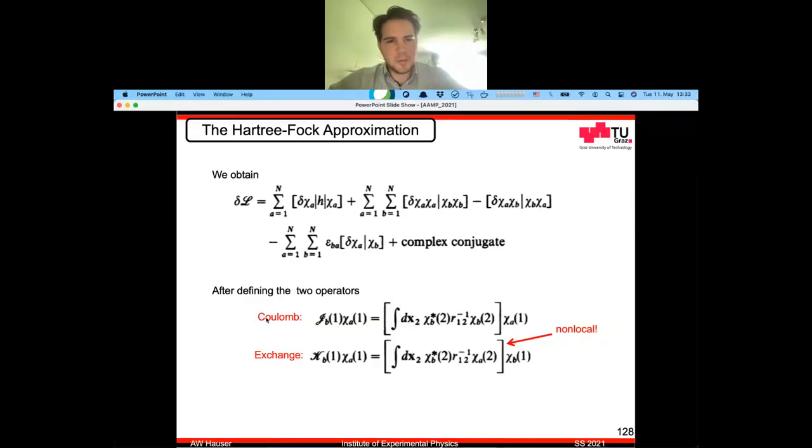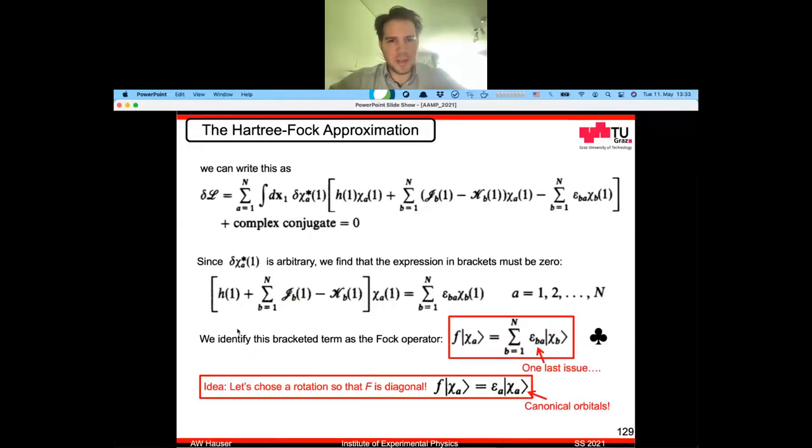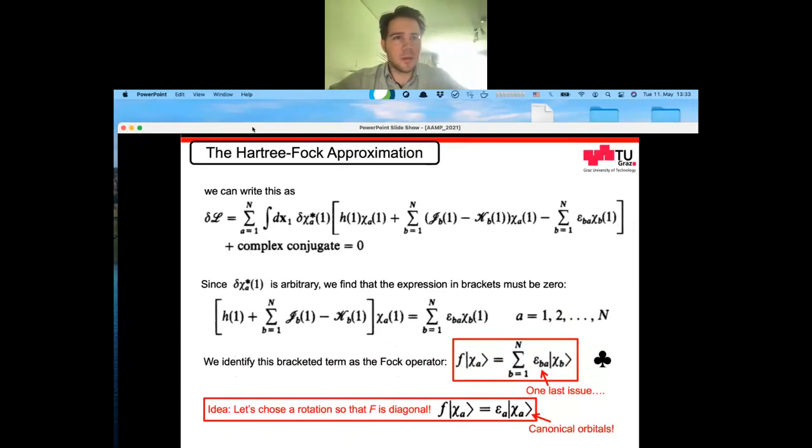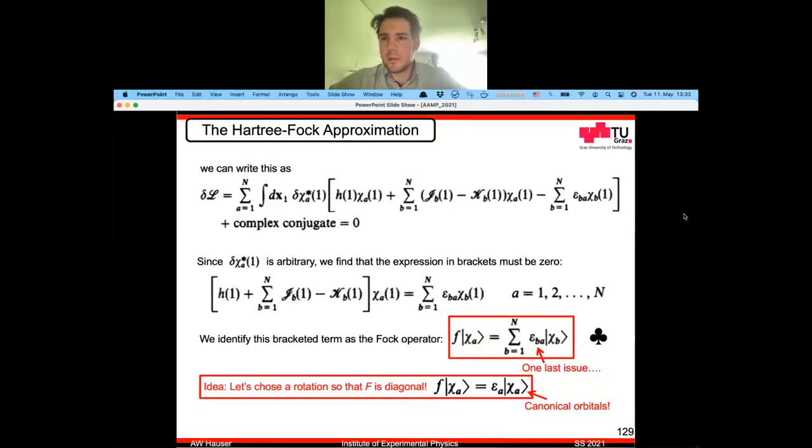And so with these two definitions for Coulomb and exchange, we can write the variation of the Lagrangian like this. Move this a little away because otherwise I don't see. Okay, so that's what remains. And here I have made one simplification.